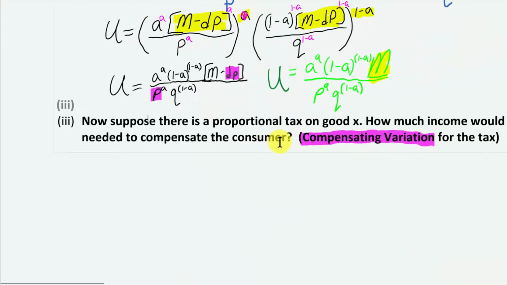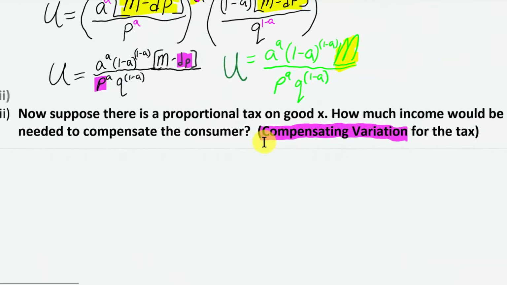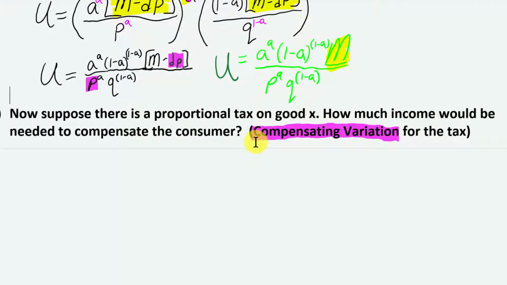How can we build a proportional tax into a problem like this? There are a couple of different ways I can think of, but the easiest is to suppose there's a tax rate T, and the price is P for good X. When we go to actually buy it, they're adding a sales tax to it, so the price is now going to be P times 1 plus T. For example, if the tax rate was 20%, the price would get multiplied by 1 plus 0.2, so it would be P times 1.2.